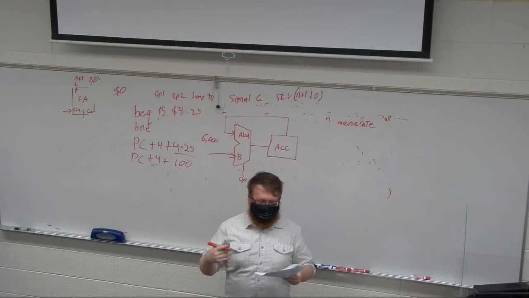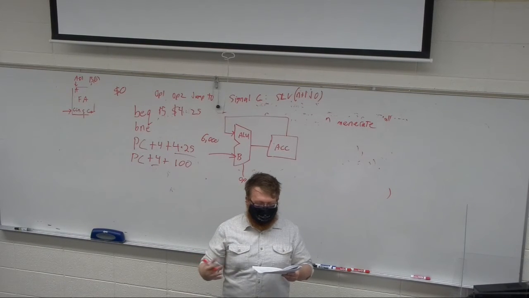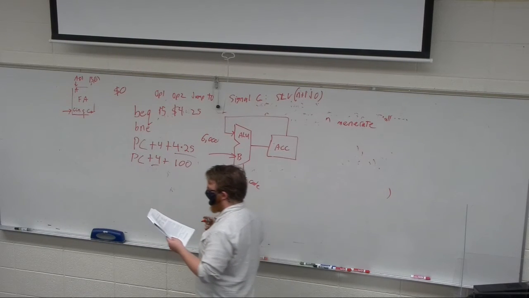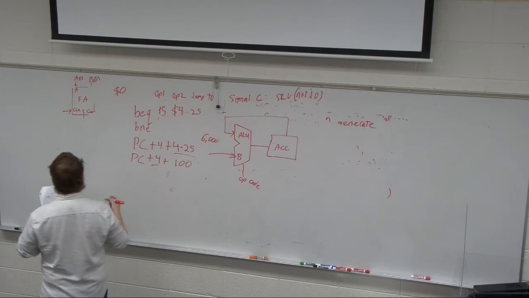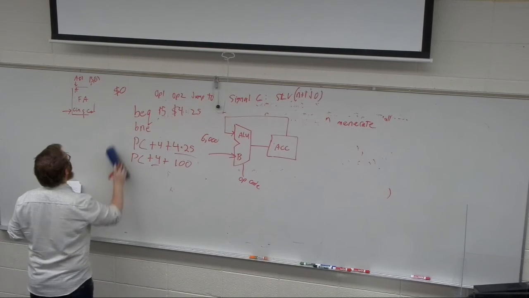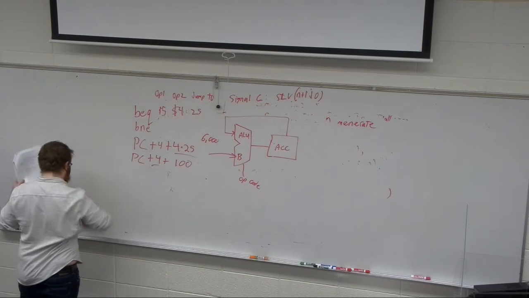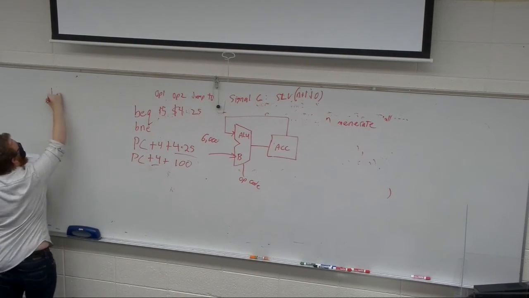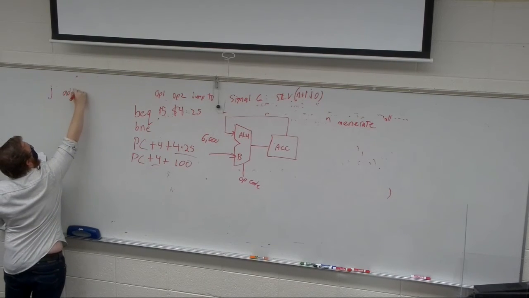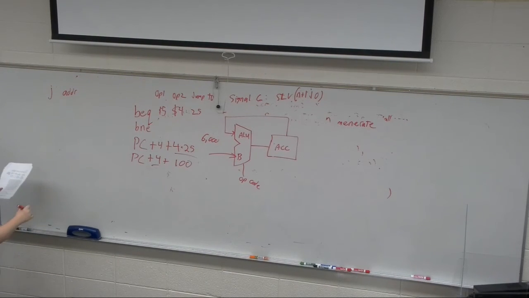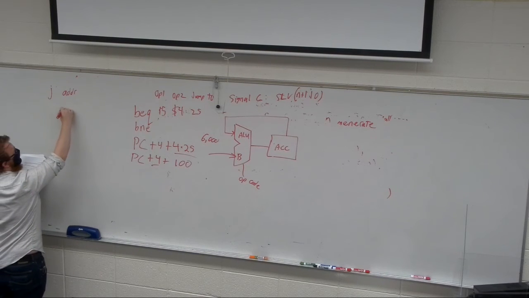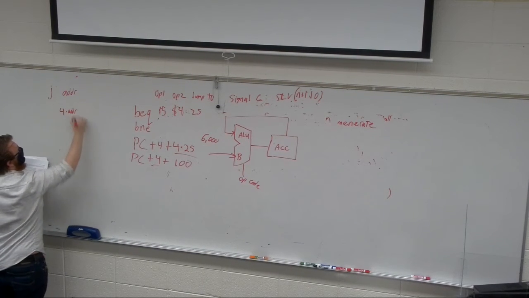We may also just want to jump, where we would say something like jump to this process controller output, where again, when it actually looks at this, it's going to be 4 times the address.